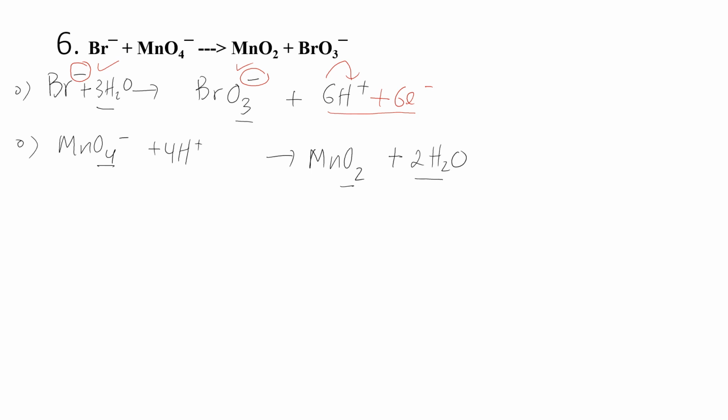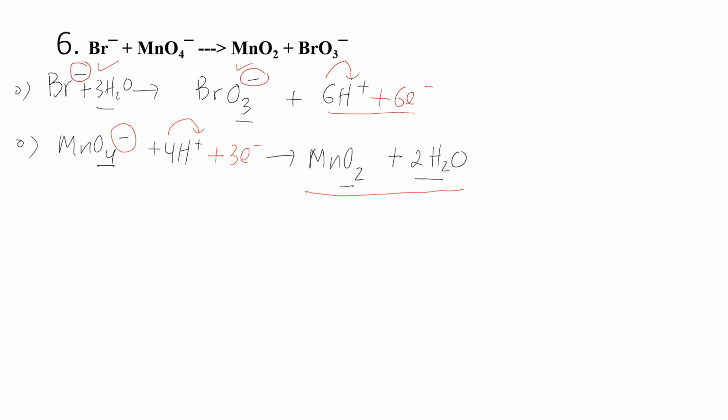On the right hand side there is no charge. Here you have minus 1 and 4 times plus 1, so plus 3 total. So you need to add 3E minus.